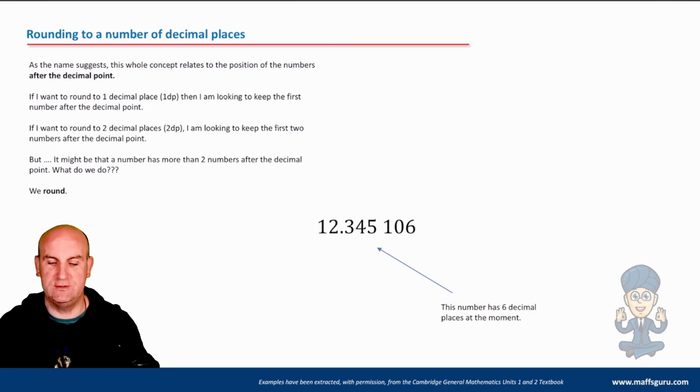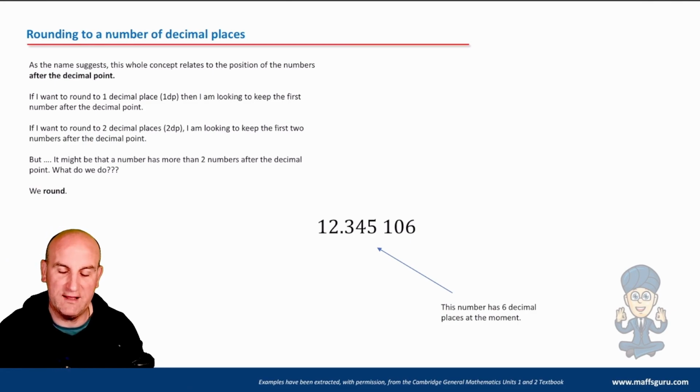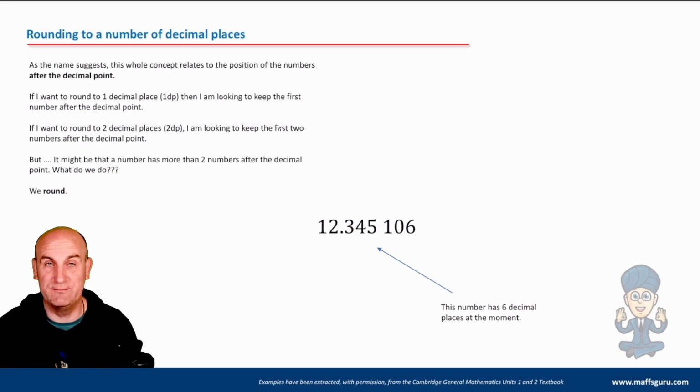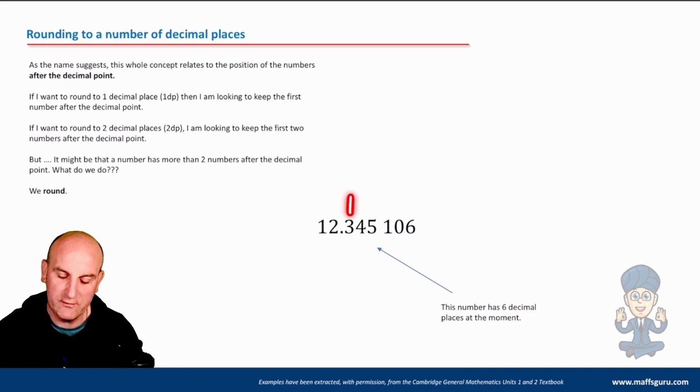Now, rounding to decimal places. I love decimal places because the rounding is in the title. First things first, what do I have here? I have a decimal point. Each of the numbers after that decimal has an order. It's like a queue at the dinner hall.